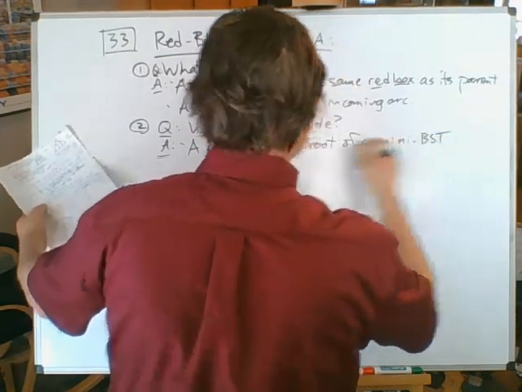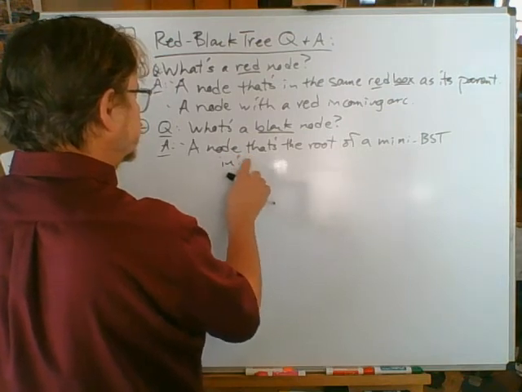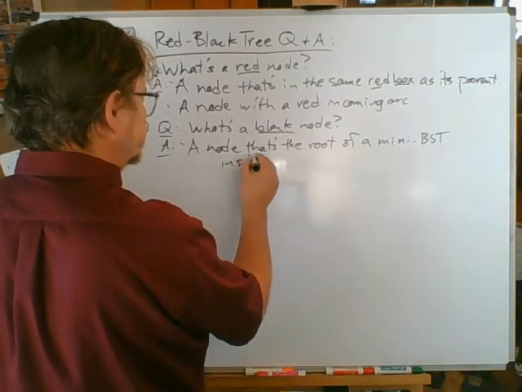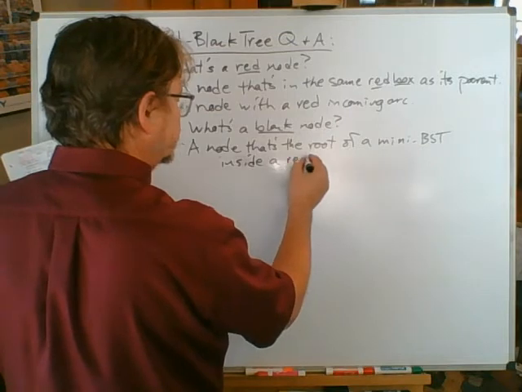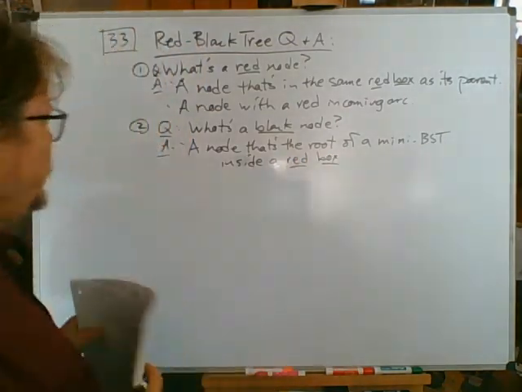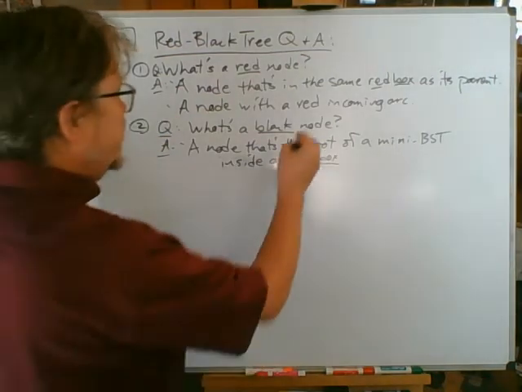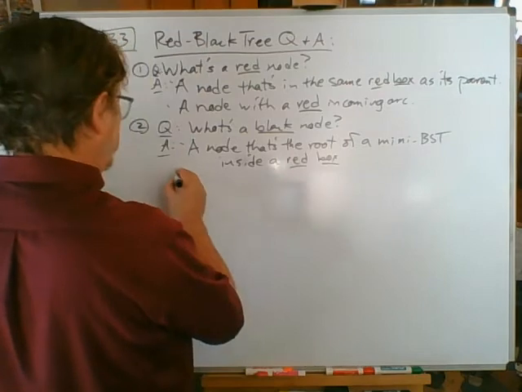And I'm going to have to use another line inside a red box. Well, if we match it bullet point per bullet point, you know what the next one's going to be. It's a node with a black incoming arc rather than red.